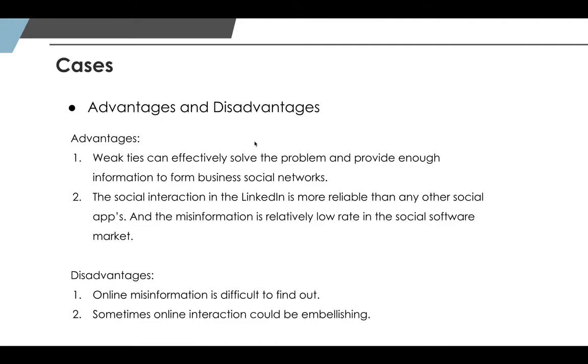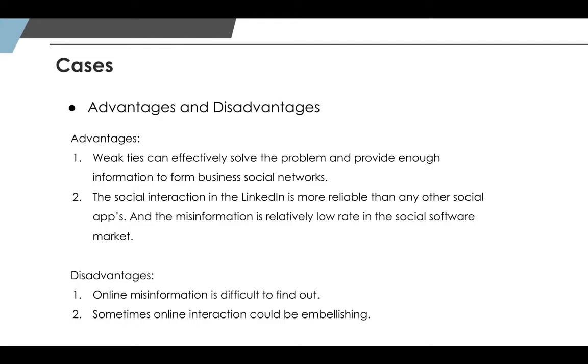It has advantages and disadvantages. The advantage is that the social ties could effectively solve this problem and provide enough information. When the weak ties are built on a more reliable real social network, the rate of missing information is relatively low.